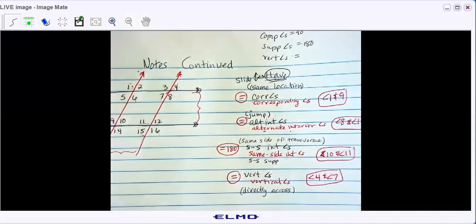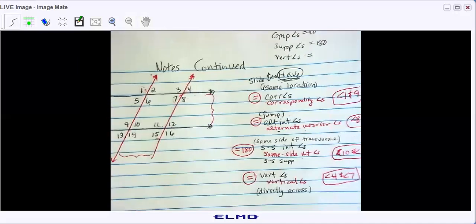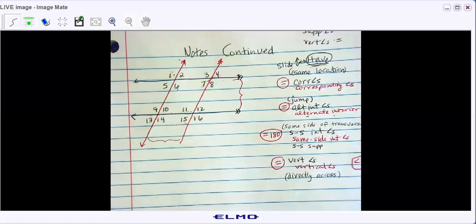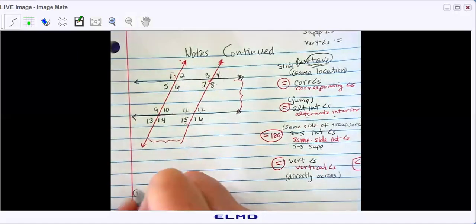Now we're going to do another one. We're actually going to look at different angles here. We're going to do 8 of them for practice. So number 1, go ahead and write these down, and then we're going to identify them. Angle 7 and 11. I'll give you a minute to write these down.